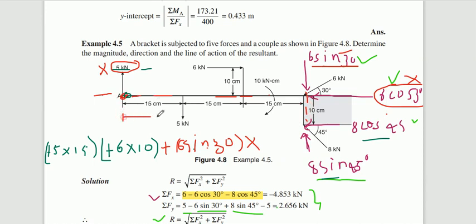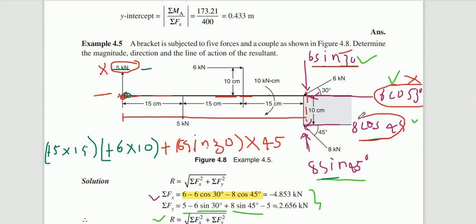You have to consider force into perpendicular distance, therefore it is totally 45. So moment due to this is also 0 and moment due to this force will exist.